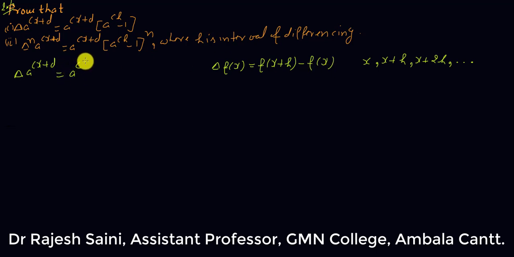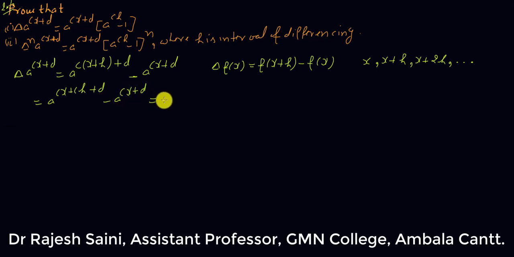Instead of x I am going to write x plus h, so it is a raised to the power c times (x plus h) plus d, minus a raised to the power cx plus d. This is further equal to a raised to the power cx plus ch plus d minus a raised to the power cx plus d.